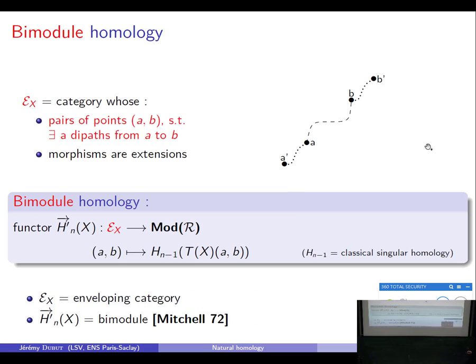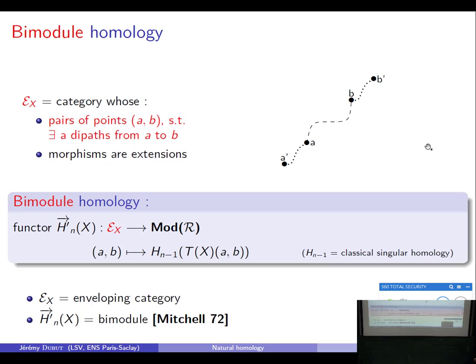So for the third remark, we can actually do a bit better because we only need a pair of points to compute homology. So instead of the category of factorization, we can consider the enveloping category whose objects are pairs of points which are accessible one from the other, and define homology exactly the same way.